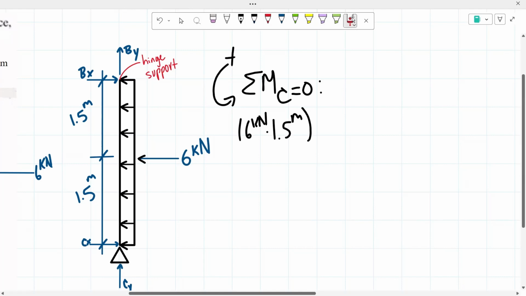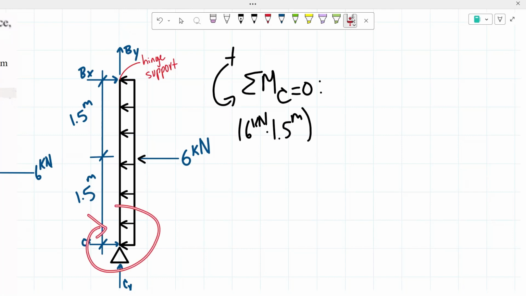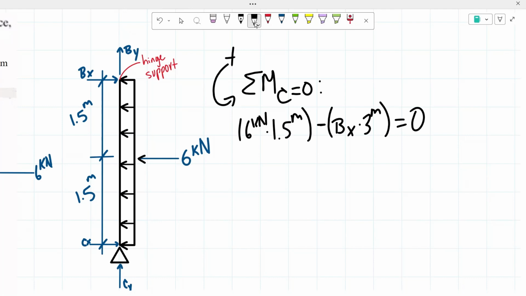From there, my B sub Y reaction will not be creating a moment, but my B of X will be creating a moment. Since I assume that it's going to the right, it's going to be creating a clockwise moment, meaning a negative moment. We're trying to determine the force, and then we know that from my hinge support to my point C, there is a span of 3 meters. And we know that all of that has to equal 0.